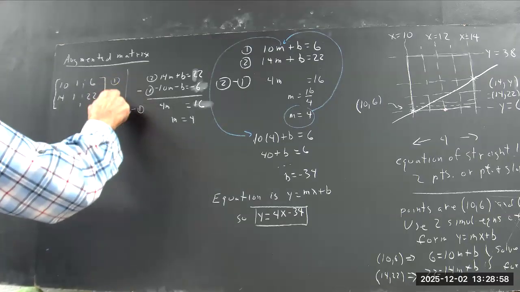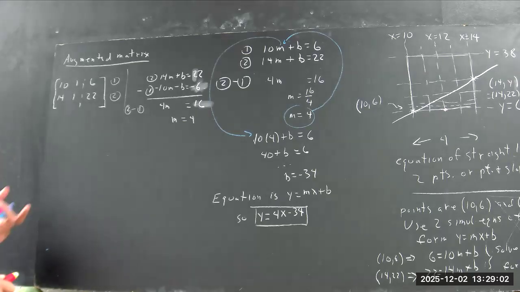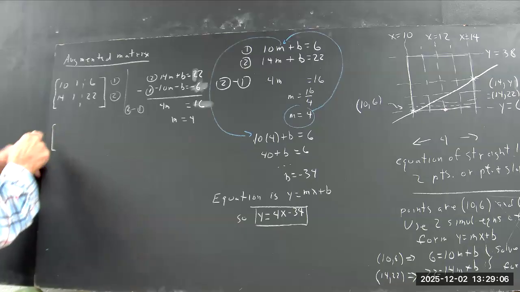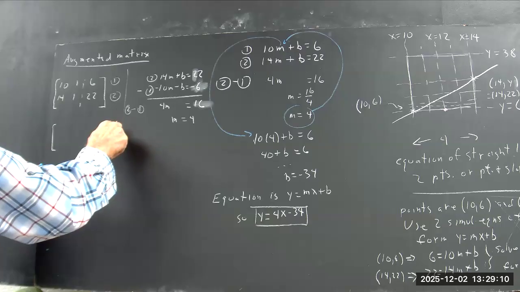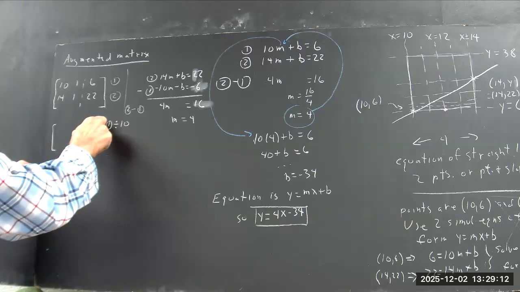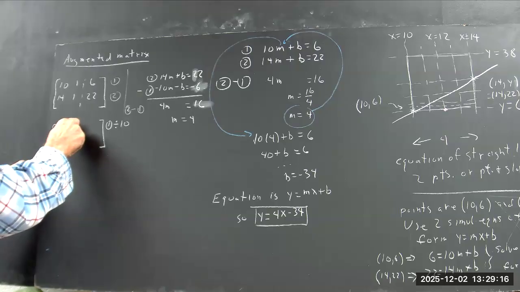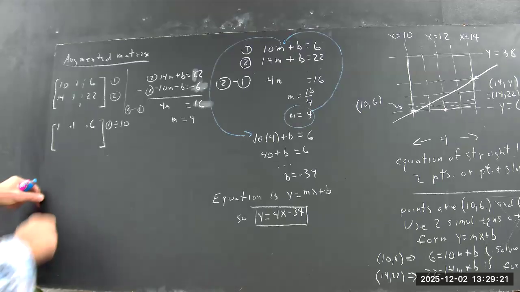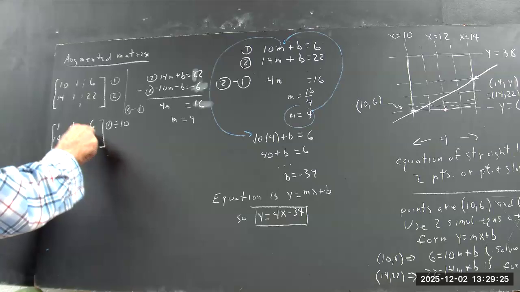So this is row 1, this is row 2. To reduce the augmented matrix, we do row 1 divided by 10, which gives us 1, 0.1 and 0.6. We keep row 2 the same.